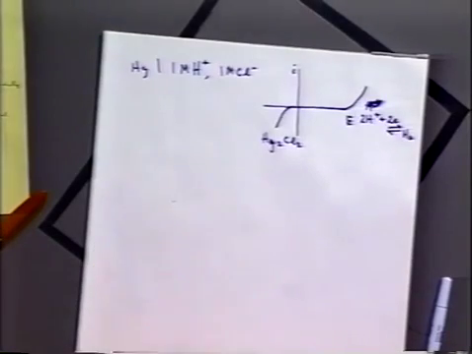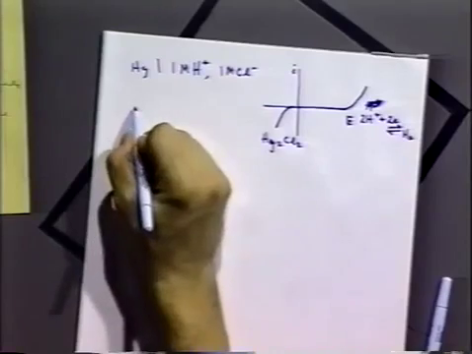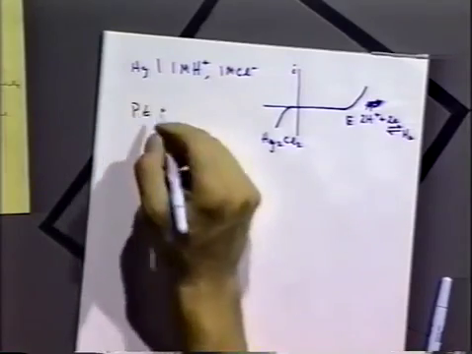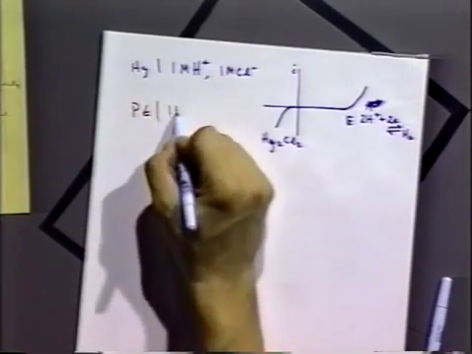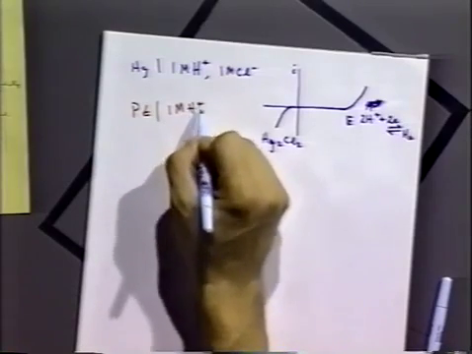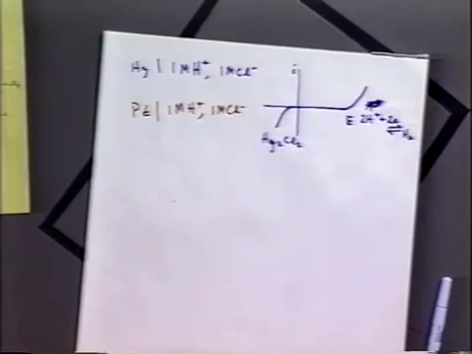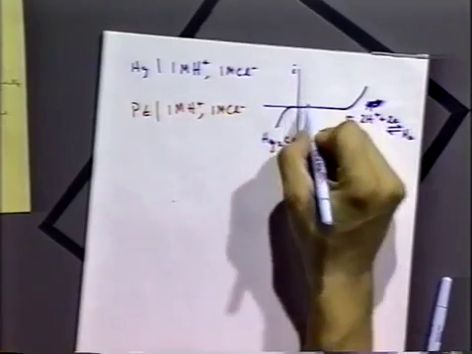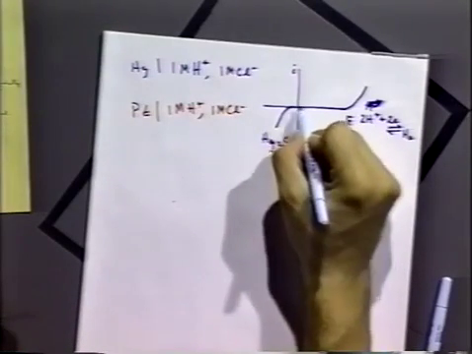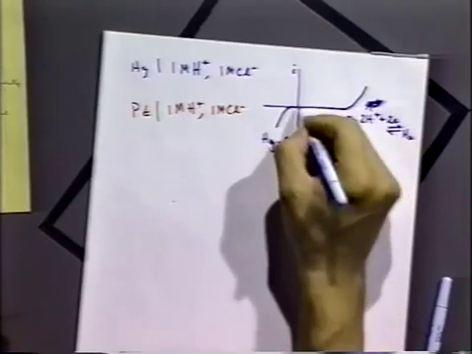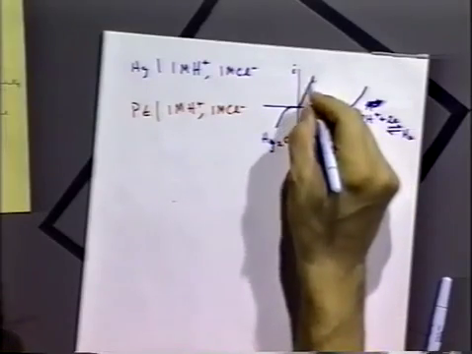On the other hand, if we take that same system, and we'll draw it in red here, and we have, instead of a mercury electrode, a platinum electrode in 1 molar H plus and 1 molar chloride, we get quite a different looking curve. In fact, as we approach the zero on this scale, the reaction quickly occurs.